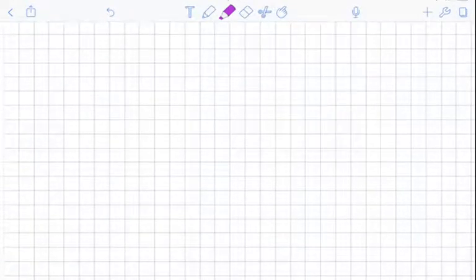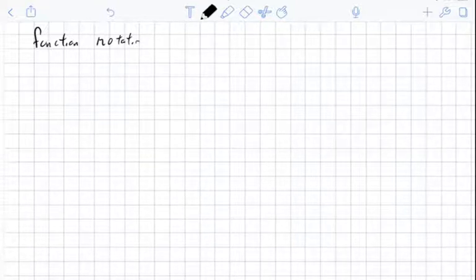Before we go any further, we need to talk about function notation, and the variable x. So as you know, when we write that something is a function, we usually go like this.